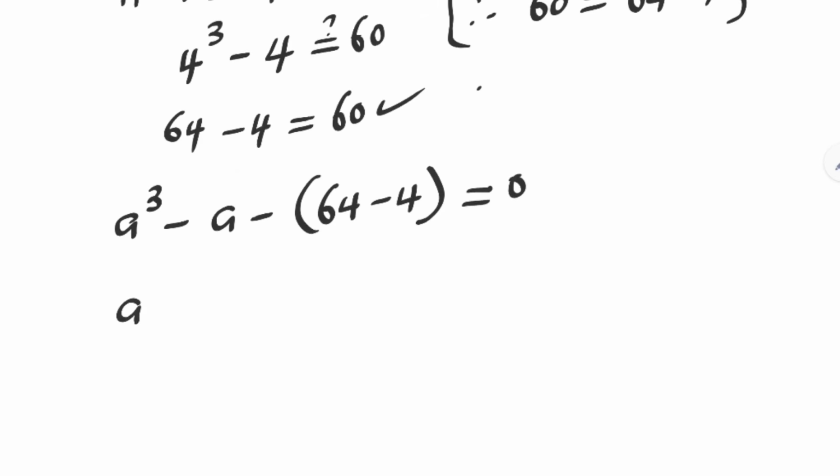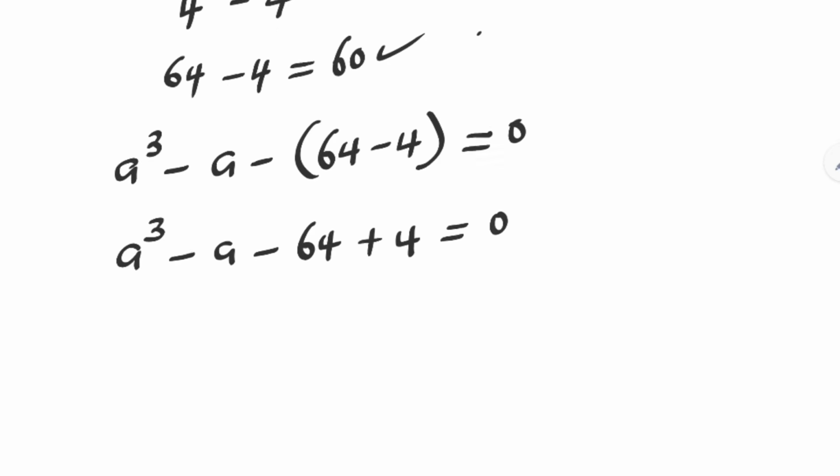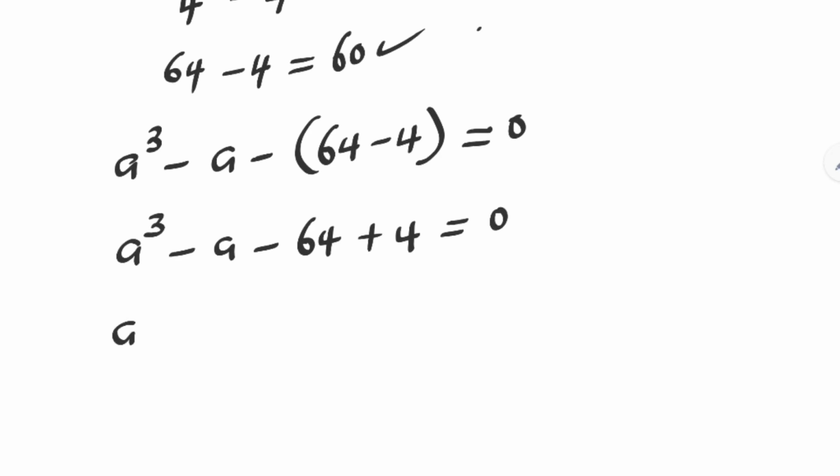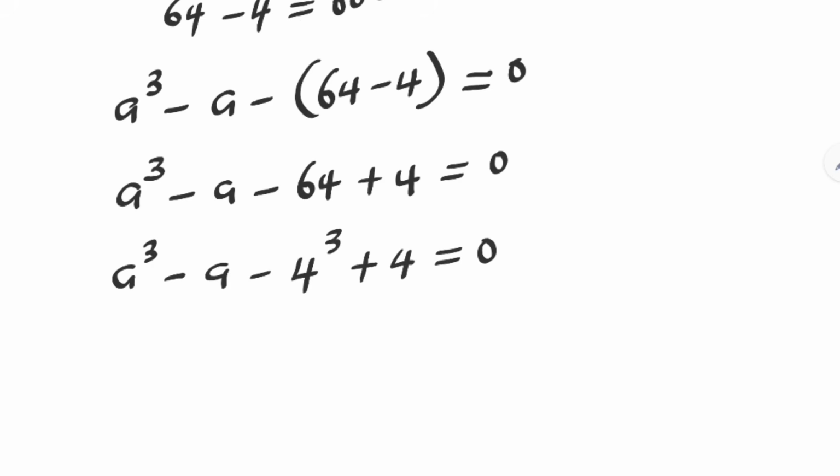Then this is a raised to power 3 minus a minus 64 plus 4 is equal to 0. This is a raised to power 3 minus a minus 64, which can be written as 4 raised to power 3, plus 4 is equal to 0.